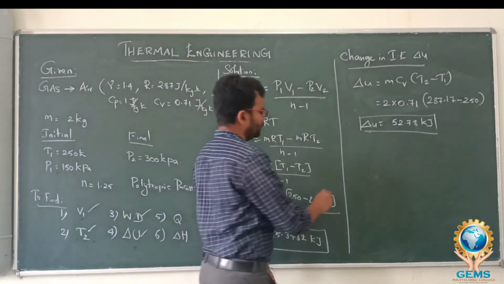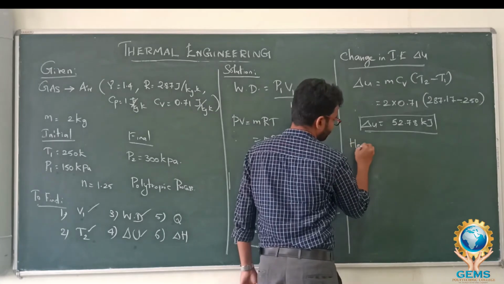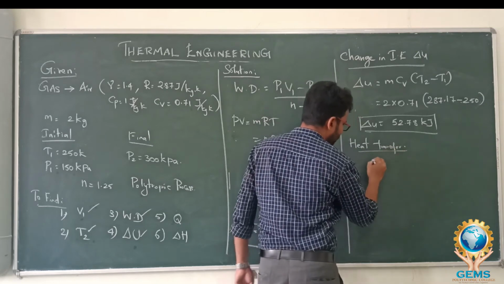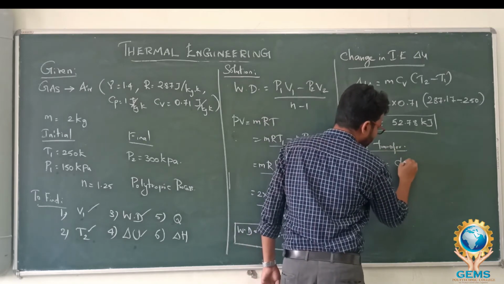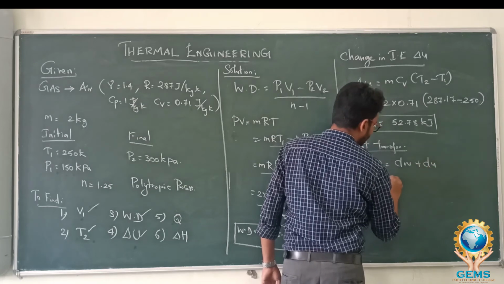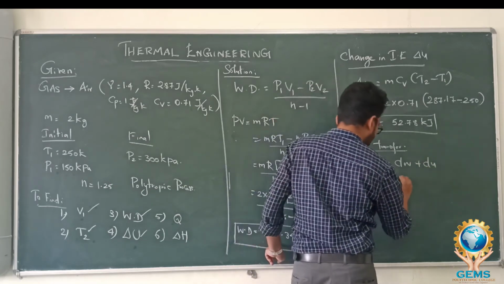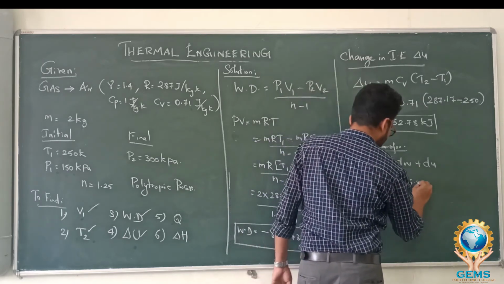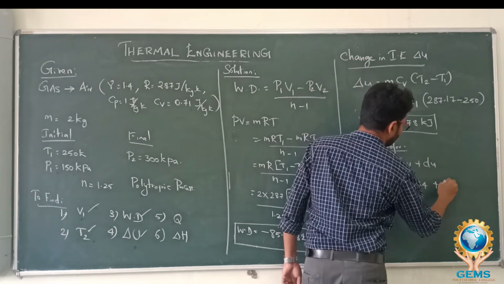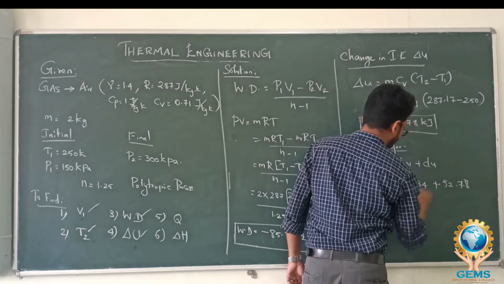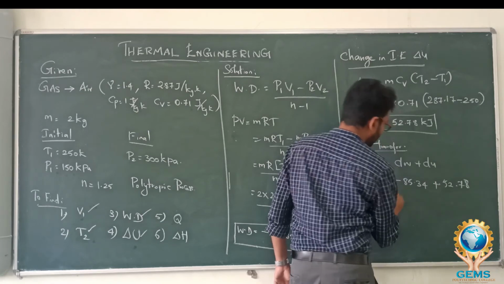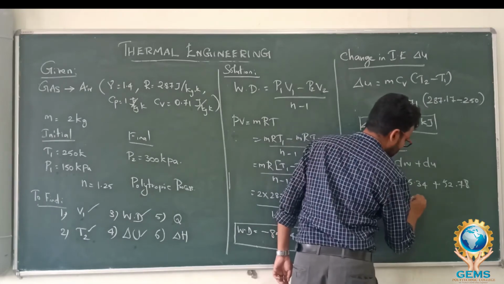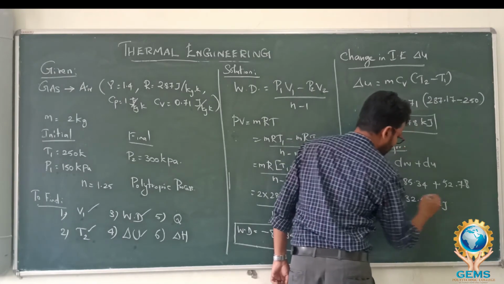Next, the work done and delta U are found. Then what about the Q value? That is heat transfer. According to the first law of thermodynamics, dQ is equal to dW plus dU. The value of dW, that is work done, is minus 85.34 plus 52.78. So the answer for dQ is minus 32.56 kilojoule.